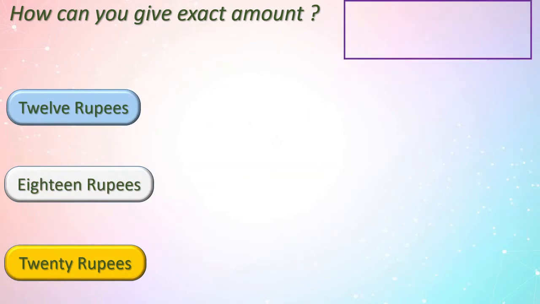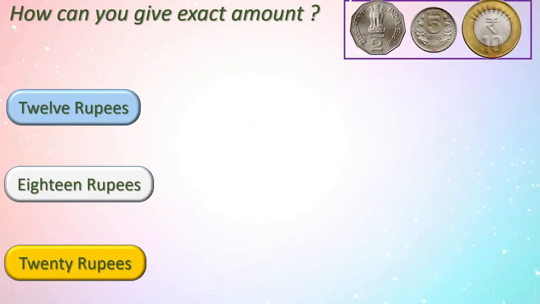Now here you have 2 rupee coins, 5 rupee coins and 10 rupee coins. Okay, you don't have 1 rupee coin. Remember this. And then how can you give the exact amount of 12 rupees to the shopkeeper? Come on, tell me. You can use 2 rupee coins, 5 rupee coins and 10 rupee coins.